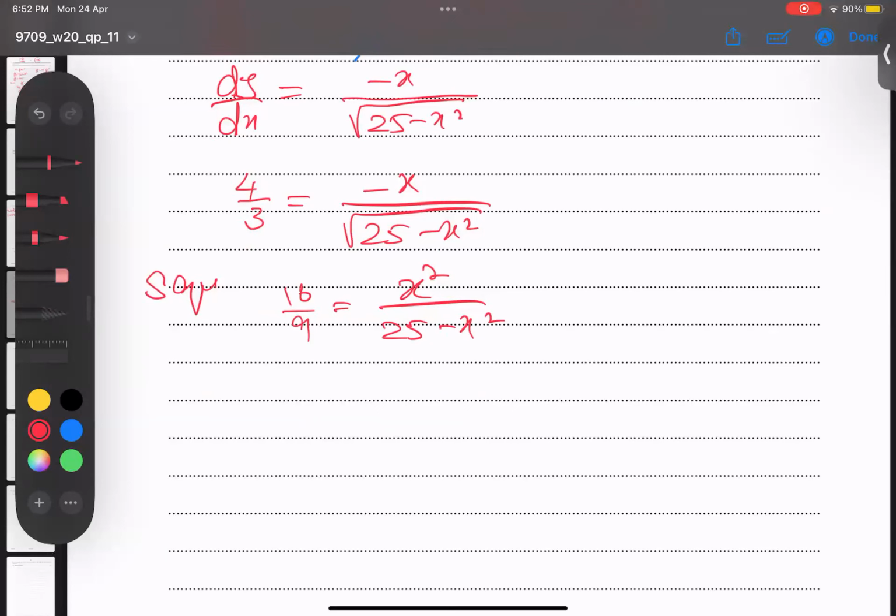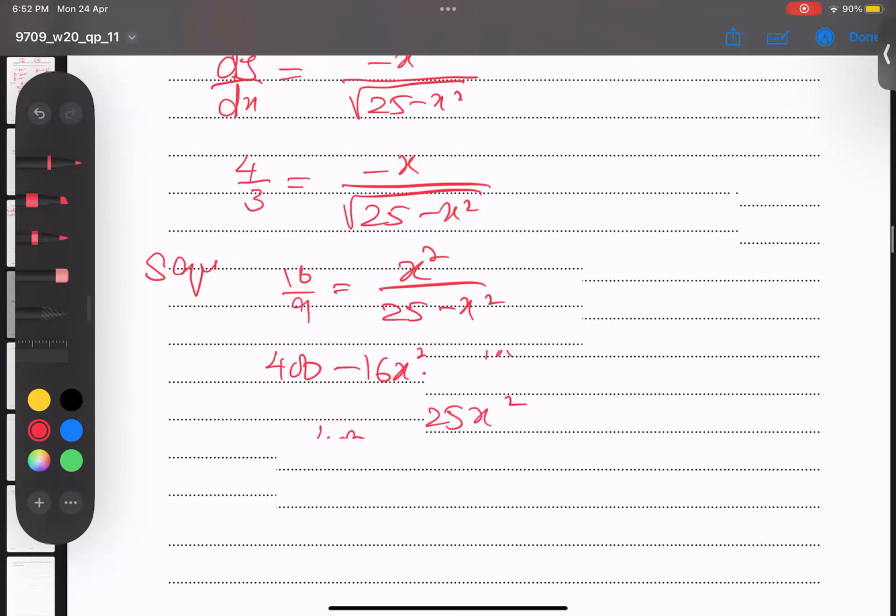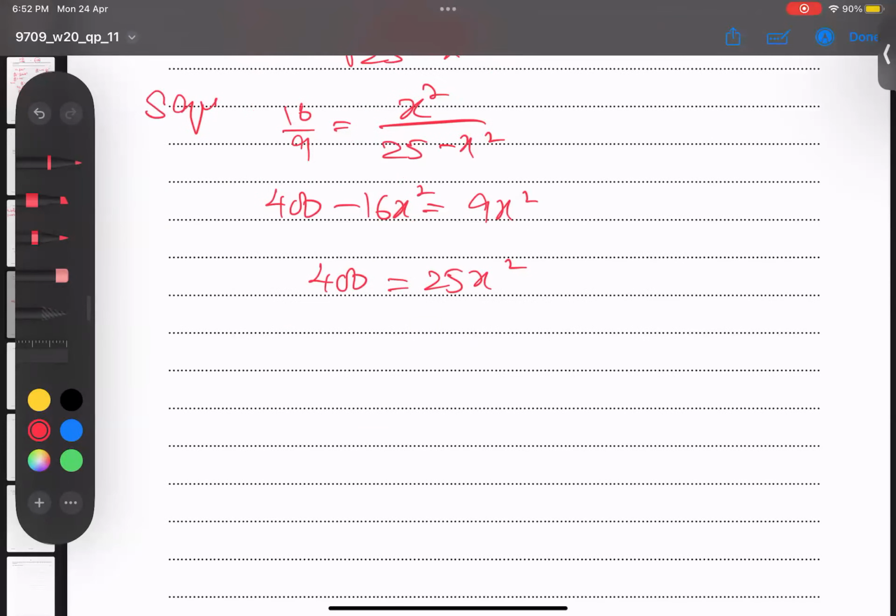When I cross multiply, students, 25 into 16, 400 minus 16 x to power 2, and 9 x to power 2, because it multiplies with that. It goes there, 9 plus 16 becomes 25, 25 x to power 2. And 25 whenever we divide, it becomes 16. And I got 2 answers, plus and minus 4.